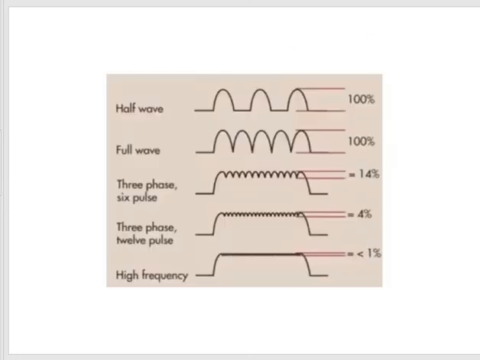We already had a look at it in the previous lecture, so we're not going to go into detail now. This is the summary of how the voltage ripple can be reduced by the usage of rectification circuits. A three-phase 6-pulse circuit can reduce the ripple from 100% down to 14%, and if you use the 12-pulse rectification circuit, you can further reduce the kVp ripple to 4%.